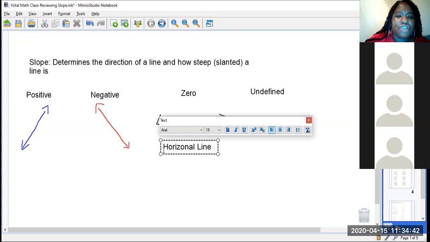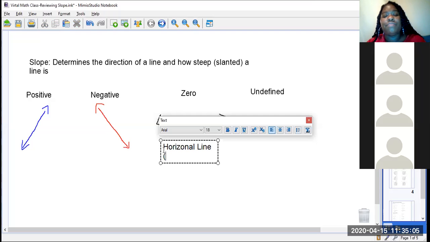What is so special about a zero slope, other than the fact that it's a horizontal line? Oh, because it lies on the horizon? Well, it doesn't necessarily lie on a horizon. I mean, that's the way that you can remember that it's a horizontal line.